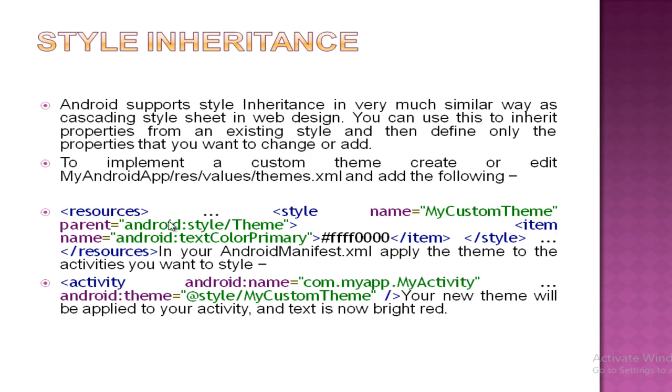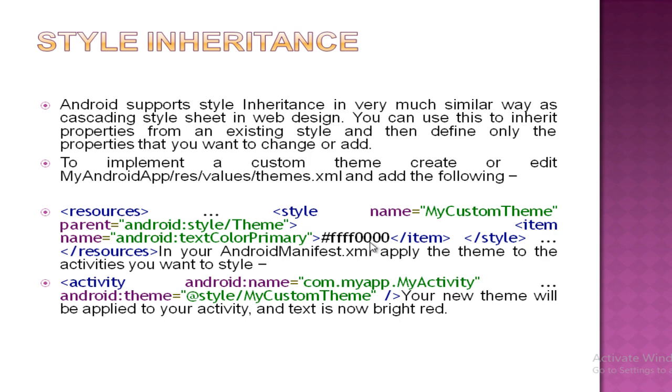The resource file is there. Then style name equal to whatever your name is. Then parent style, that is the theme, right? And name equal to android:textColorPrimary and whatever your color is, right?